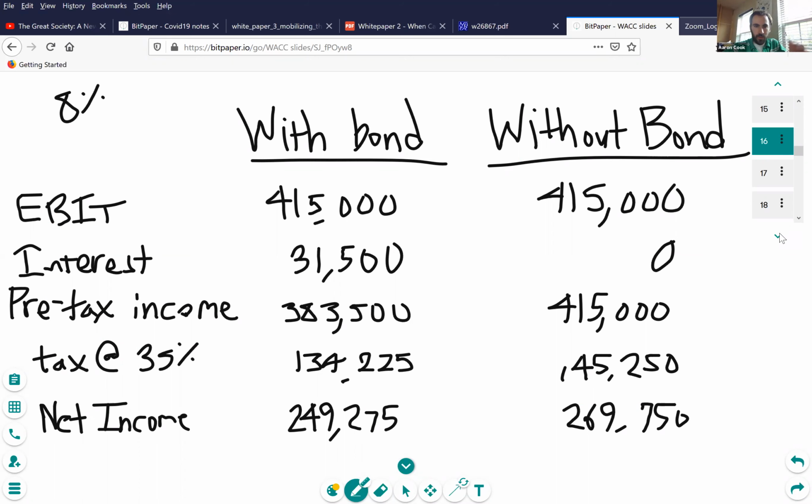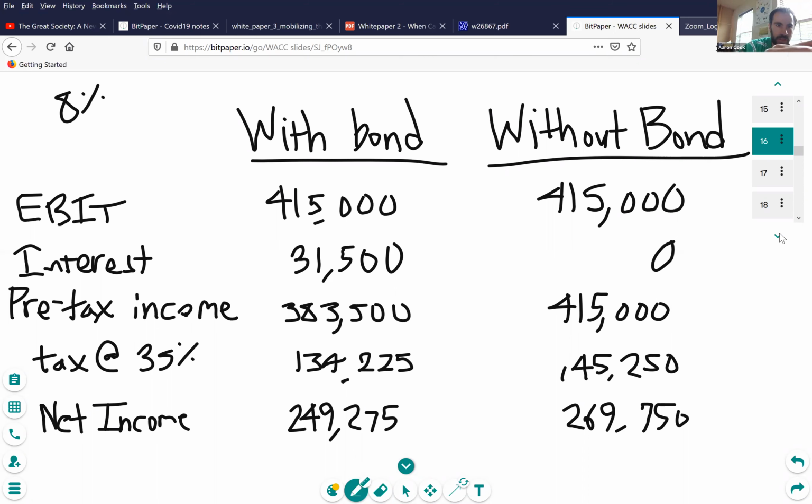We can just think about what happens when a firm has a certain amount of borrowing. So they borrow at 8%. I can't remember exactly what the size of this loan is, but the borrowing took place at a rate of 8%.